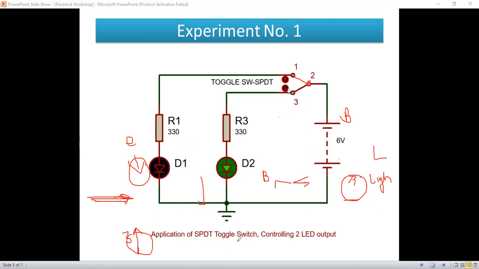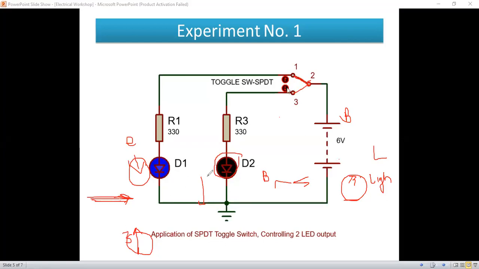Application of this SPDT type of toggle switch, controlling two LED light emitting diode, control करतोय. So this one is the first one controlling. When we move this switch to position 1 and when we move this switch to position 2, at that situation this light emitting diode will be controlled.